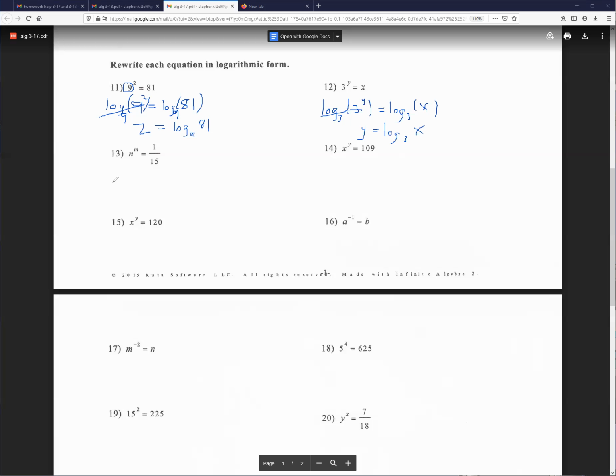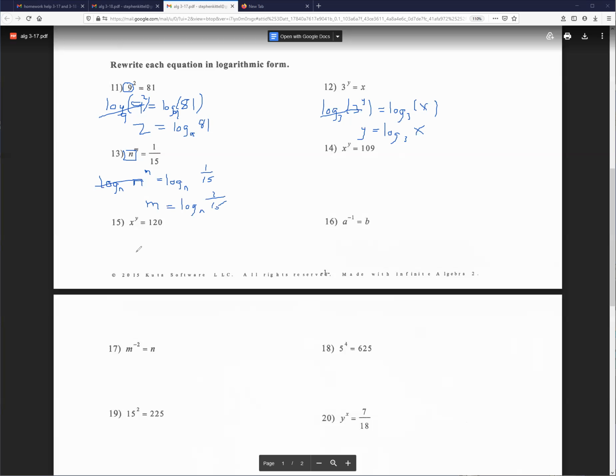I mean, we can do that. So the base of our exponential is n. So log base n of n to the m is equal to log base n of 1/15th. And then we will cancel. M equals log base n of 1/15th.